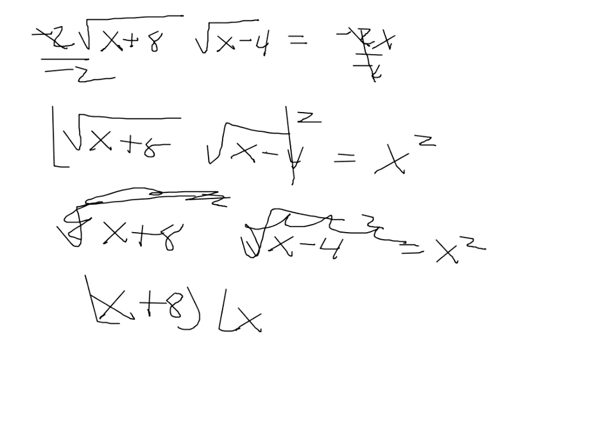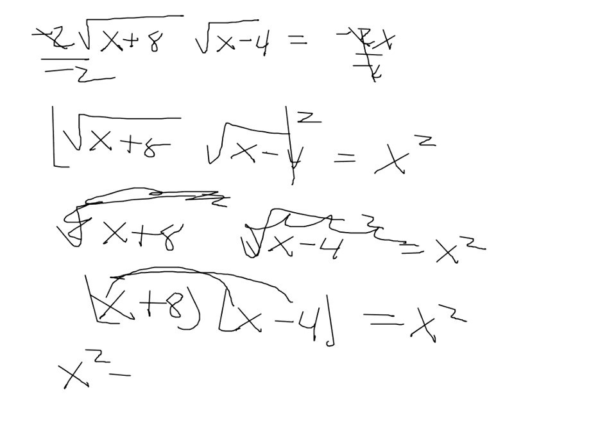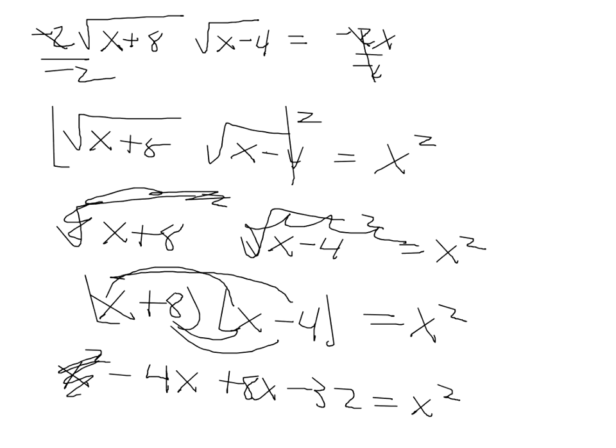So I get x plus 8 times x minus 4 equals x squared. So we distribute: x squared minus 4x plus 8x minus 32 equals x squared. So the x squareds cancel. Subtract them off, and then we get 4x minus 32 equals 0.